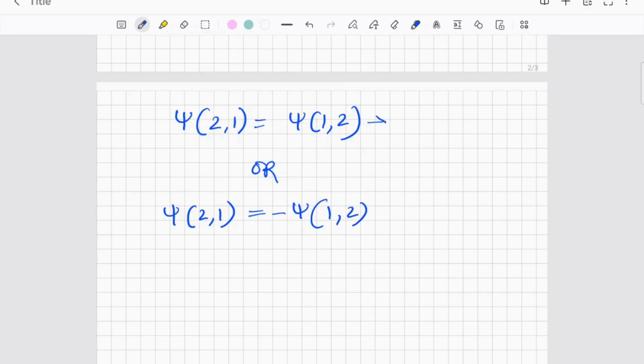If the first is true, you get a symmetric wave function, and if the second is true, you get an antisymmetric wave function.